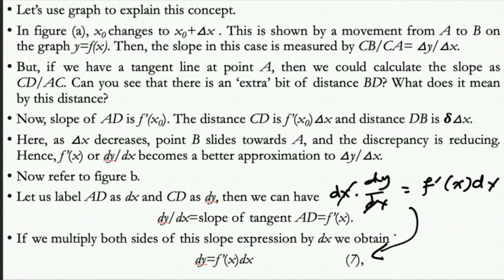Okay, so basically, if you look at 7 here, on the right hand side, you have this, isn't it? F prime x. So what is f prime x actually? It can be interpreted as what? Factor of proportionality between two finite changes of dy and also dx.